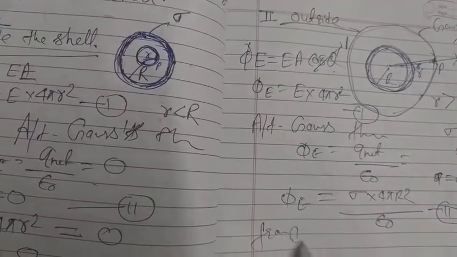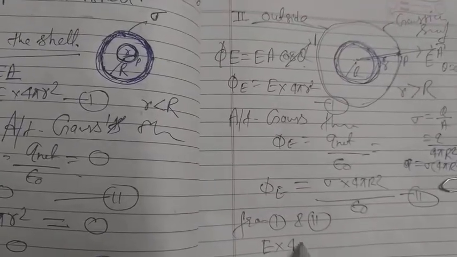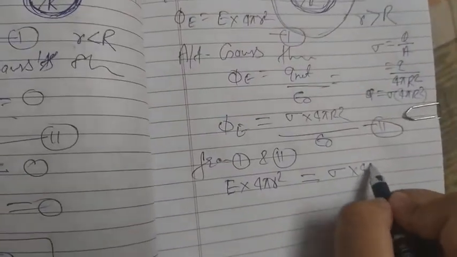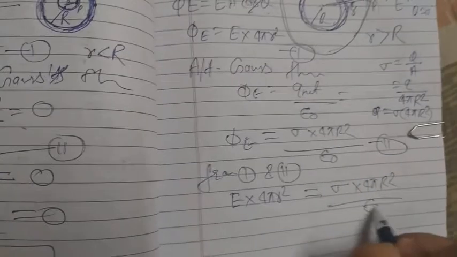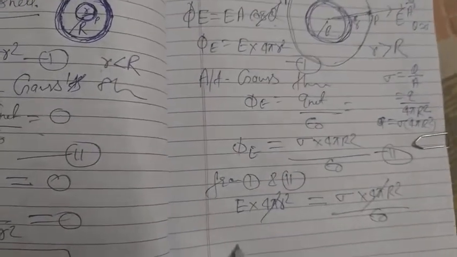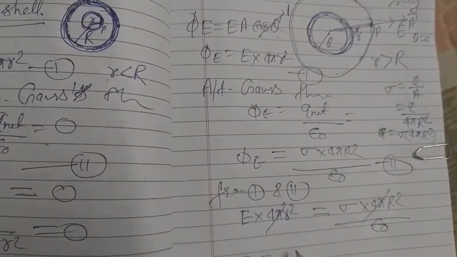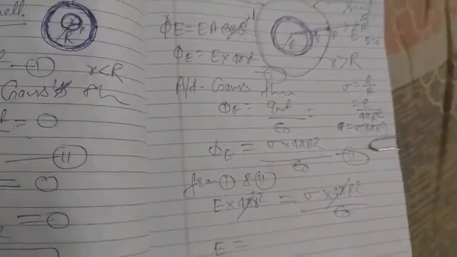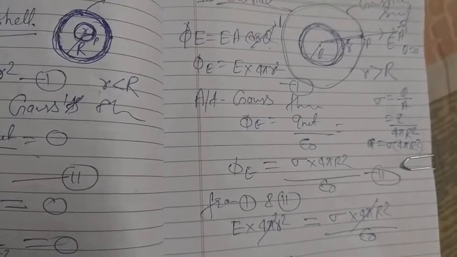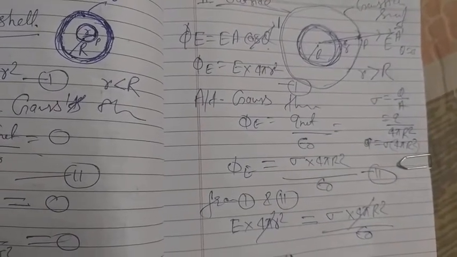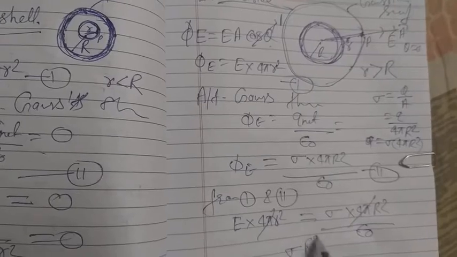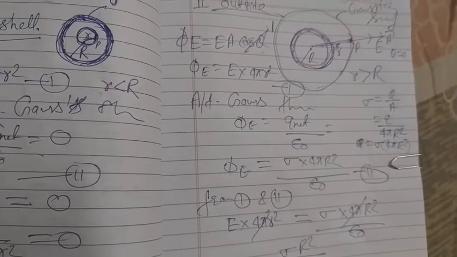So from first and second we can write E into 4 pi r square equals sigma into 4 pi R square upon epsilon naught. 4 pi cancels. E is equal to sigma R square upon r square epsilon naught.